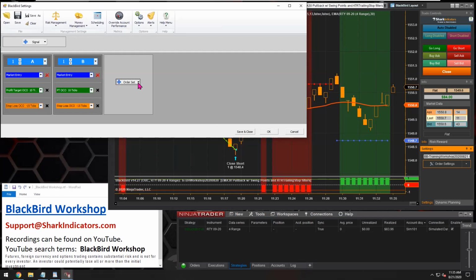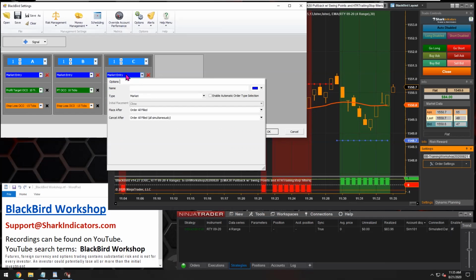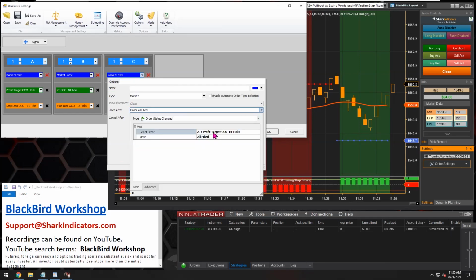And if you want to scale in a second time, then we'll copy B, and for the entry order here, the place after, we're going to wait for the profit target of B to get filled.